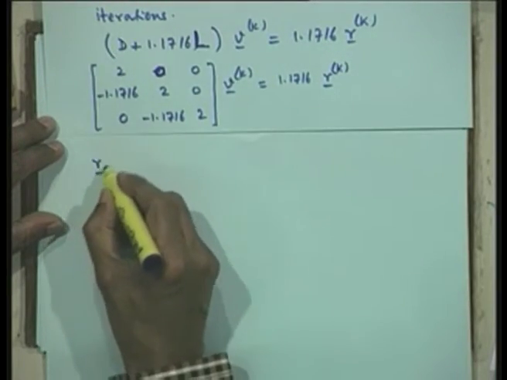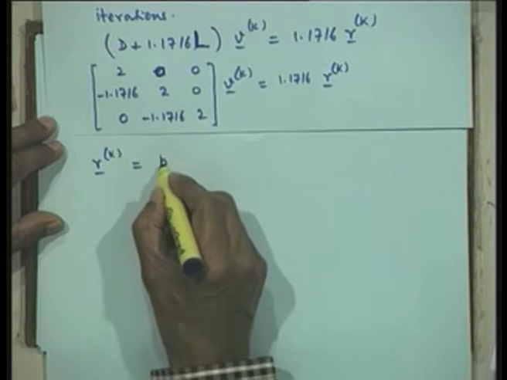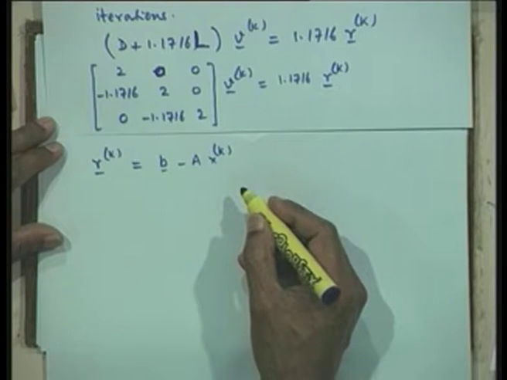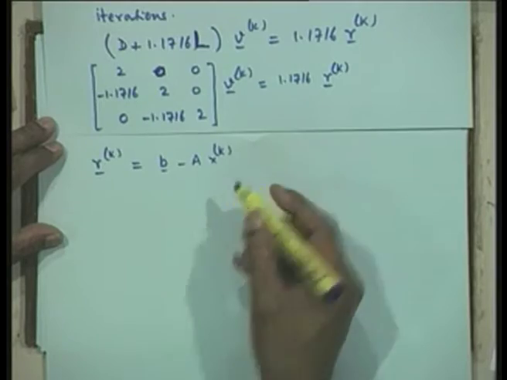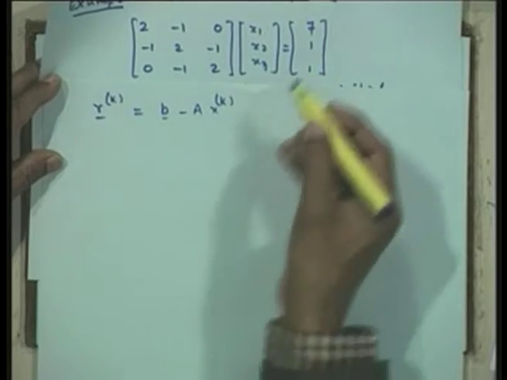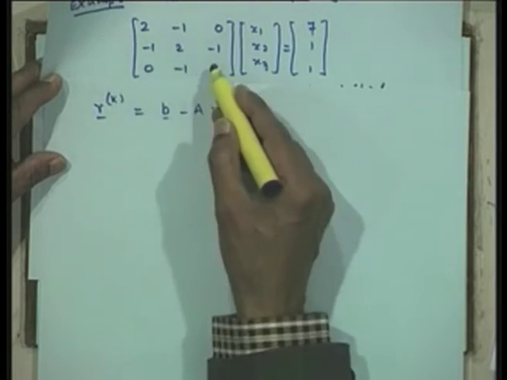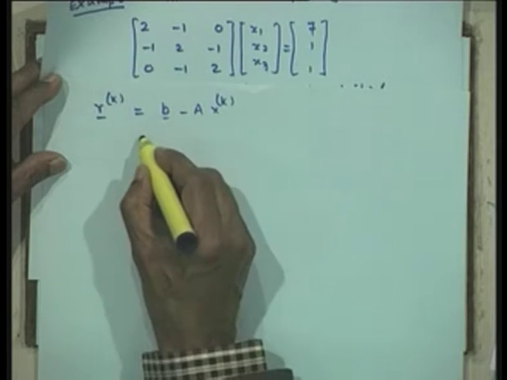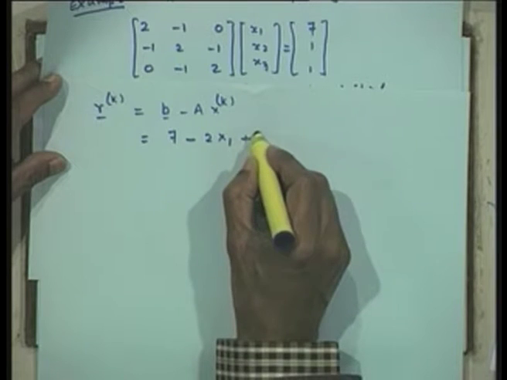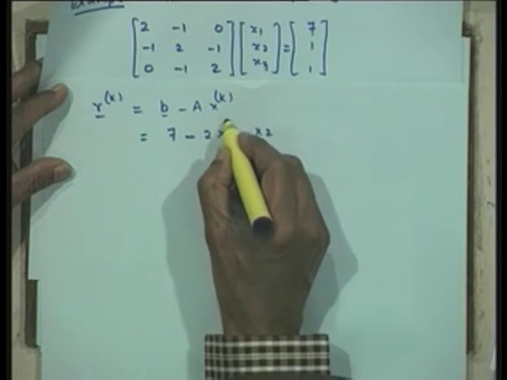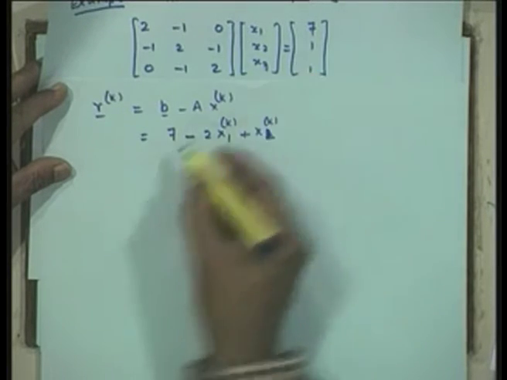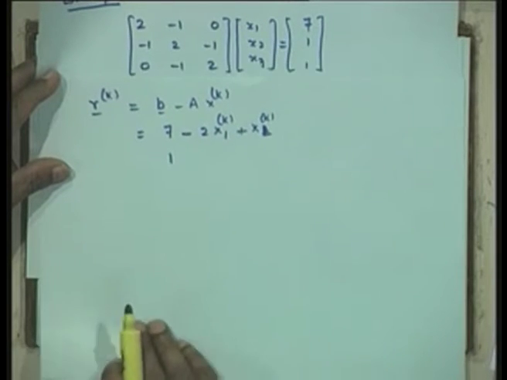Now, the value of R k, the residual vector, is b minus A x k. So, let us write down b minus A x k from here. B is this, and entire A is this, so this goes to the right hand side. So, I will have 7 minus 2 times x1 plus x2 at the previous iterate k, then I take this to the right hand side.